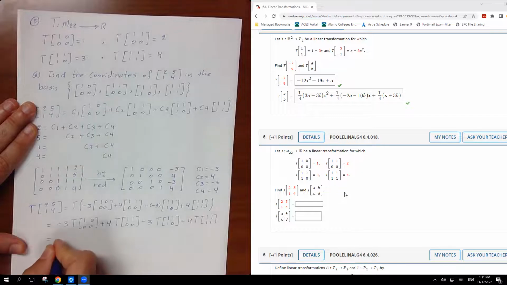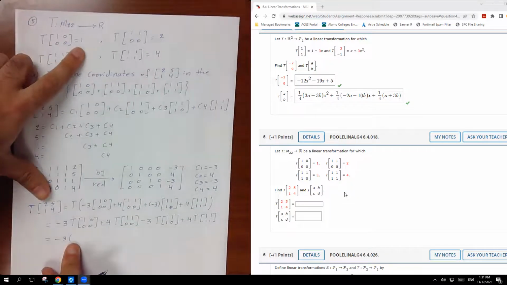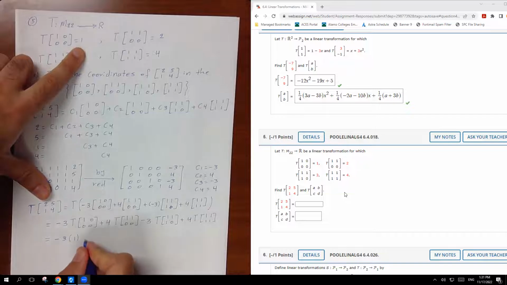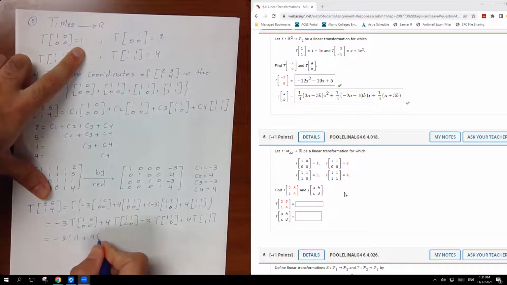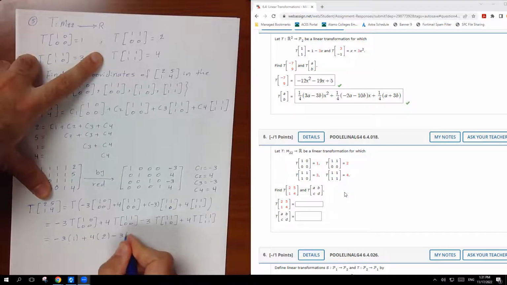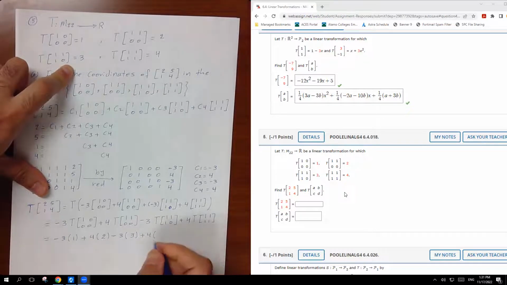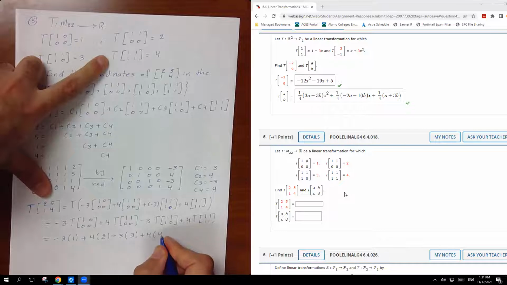So this one is going to be -3 times the transformation of the first one, which is 1, plus 4 times the transformation of the second one, which is 2, minus 3 times the transformation of the third one, which is 3, plus 4 times the transformation of the fourth one, which is 4.